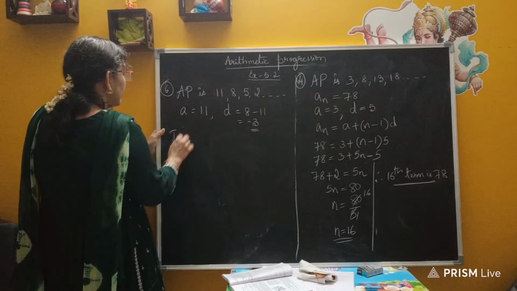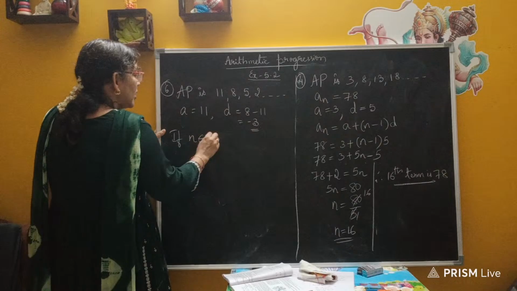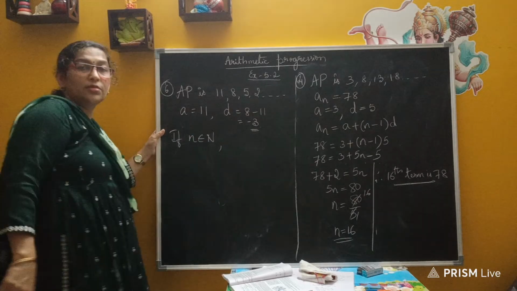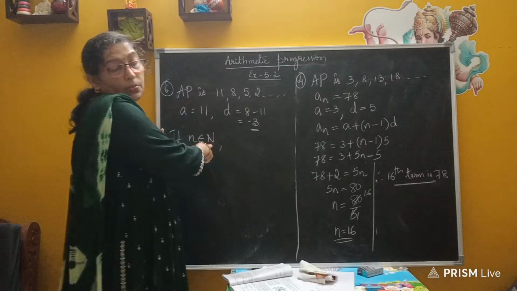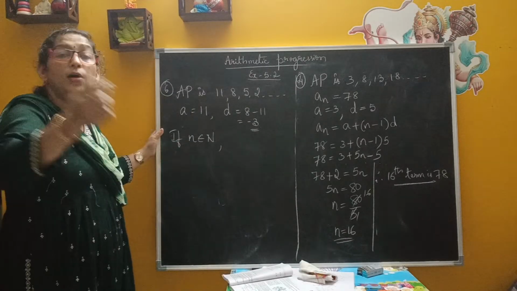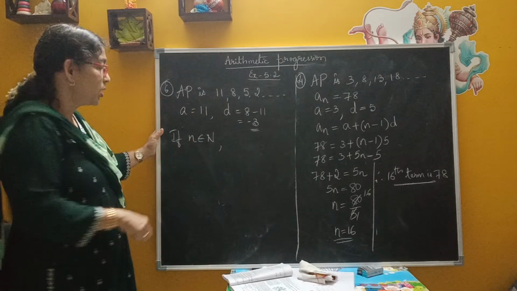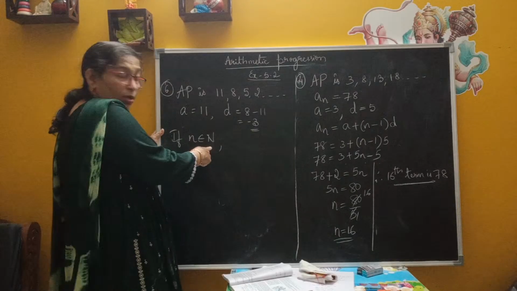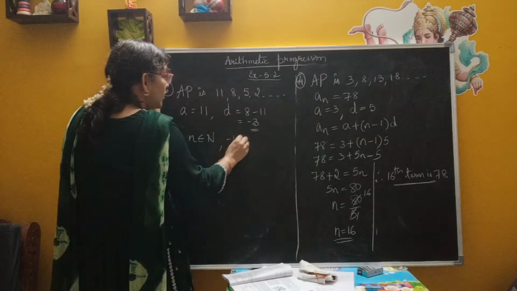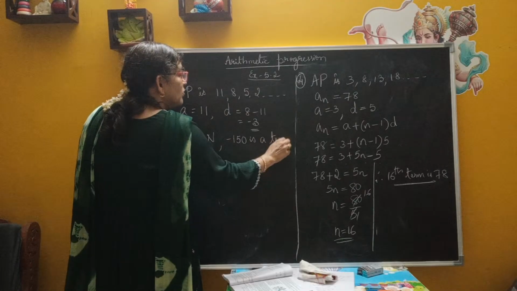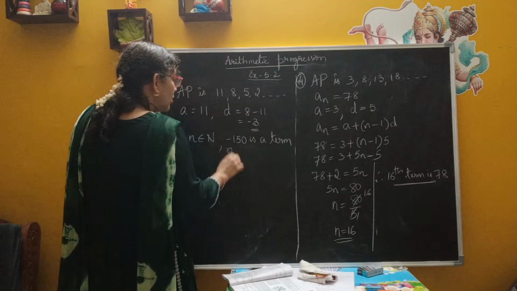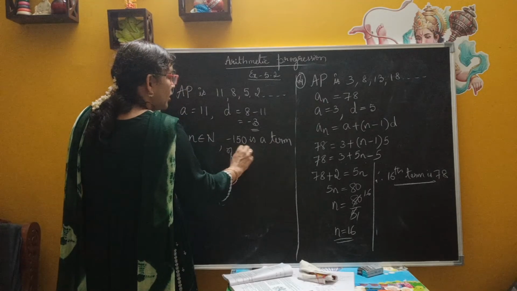Capital N represents the set of natural numbers, starting from 1, and we have infinite natural numbers. If n belongs to the set of natural numbers, then minus 150 is a term of the given AP.